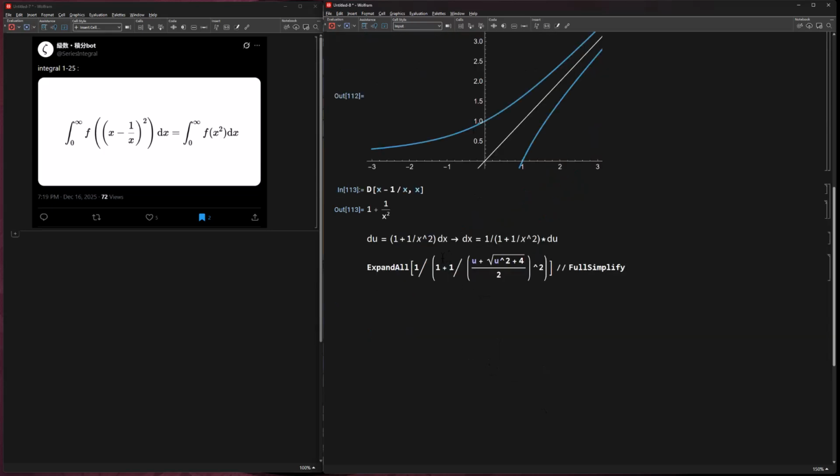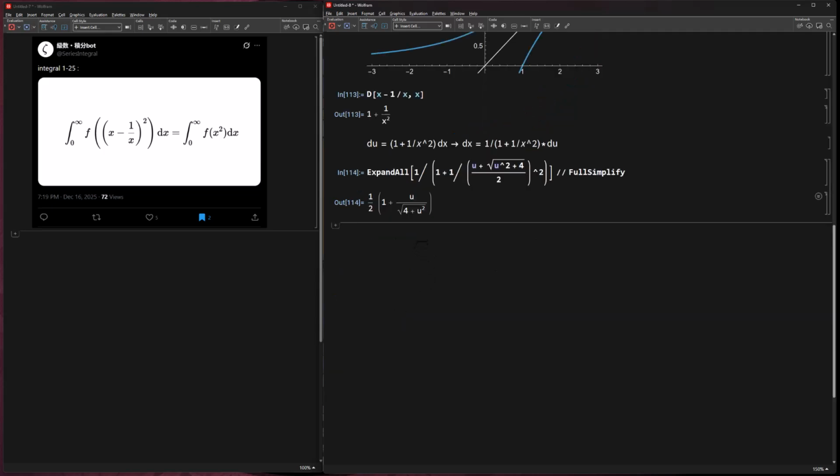Recall that it's 1 over 1 plus 1 over x squared. Okay, so x is this term, and let's take a look at the algebraic expansion. Eventually we can simplify this expression to 1 over 2 times 1 plus u over the square root of u squared plus 4. Okay, here is the very interesting part of this integral.